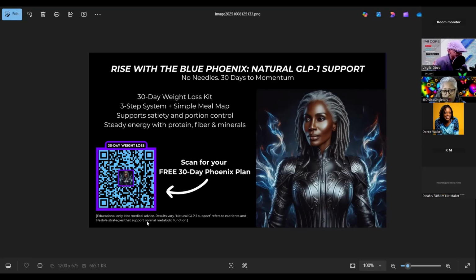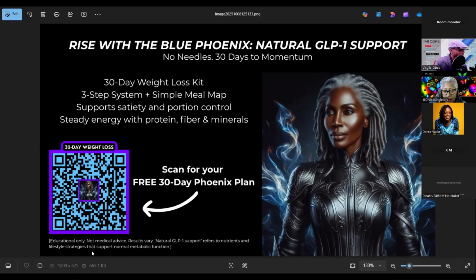The fine print here: educational only, not medical advice. Results vary. Natural GLP. Oh, it was GLP. I kept hearing GOP. GLP-1 support refers to the nutrients and lifestyle strategy that support natural metabolic function.